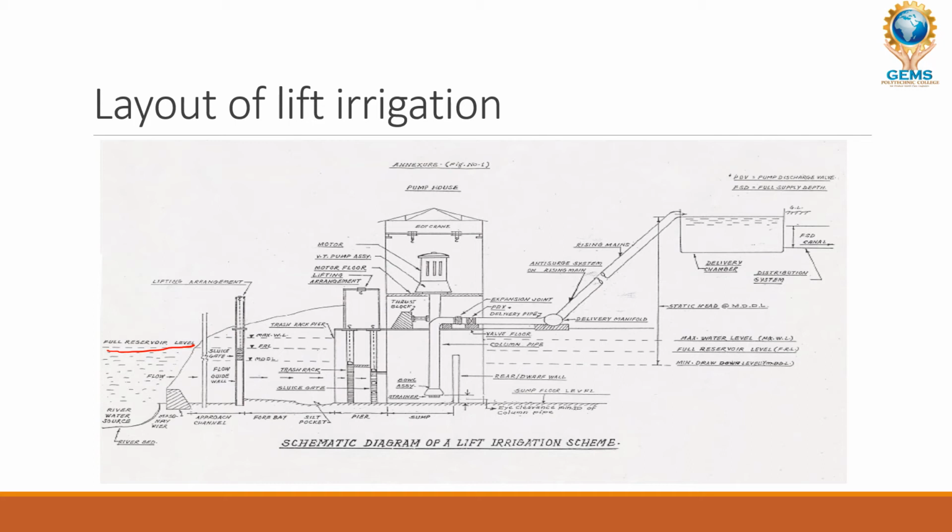The water is allowed to flow from this point through this gate-like formation, and from there the water is lifted through this lift arrangement and allowed to pass through this gate-like formation.